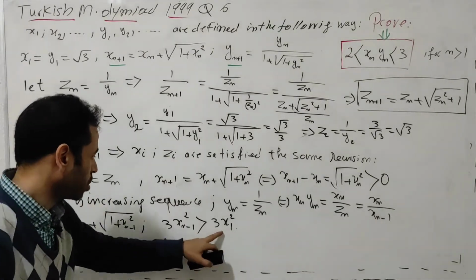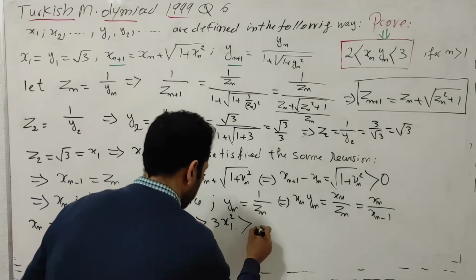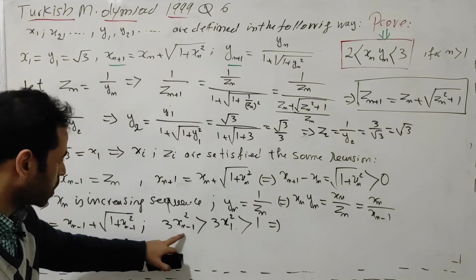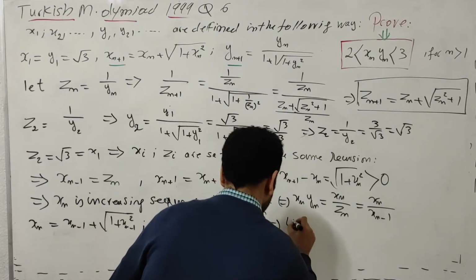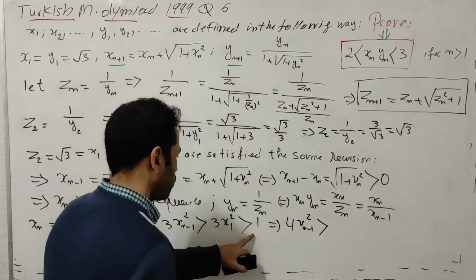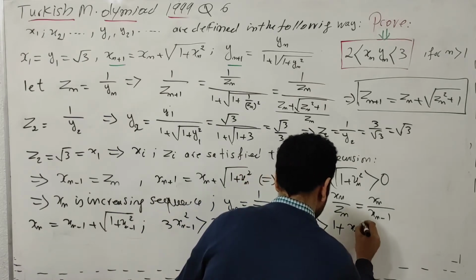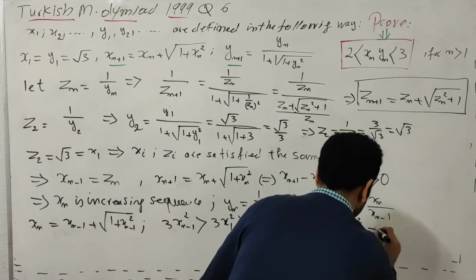So this one is strictly superior than this one. At the same time, this one is strictly superior than 1. Okay? Now I'm going to add x sub n minus 1 squared on both sides. I will have 4 x sub n minus 1 squared is strictly superior than 1 plus x sub n minus 1 squared.